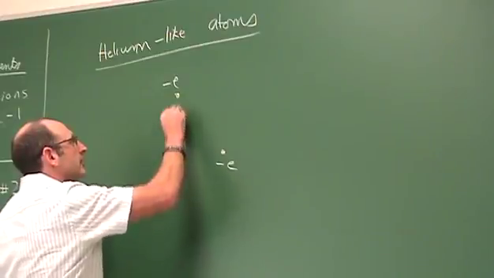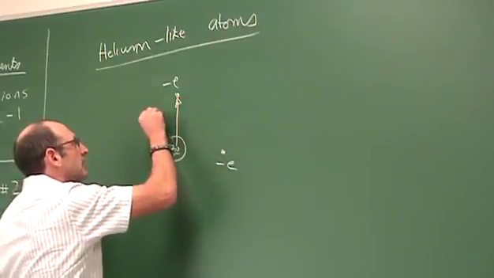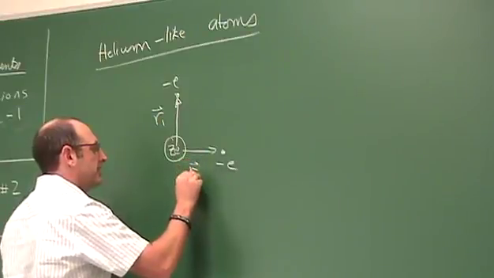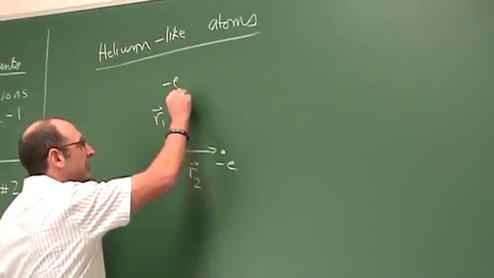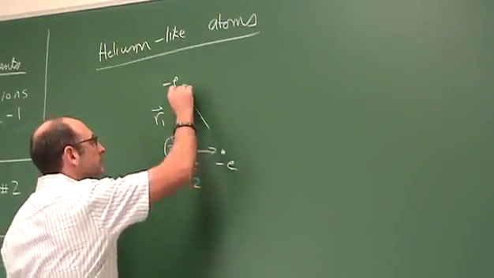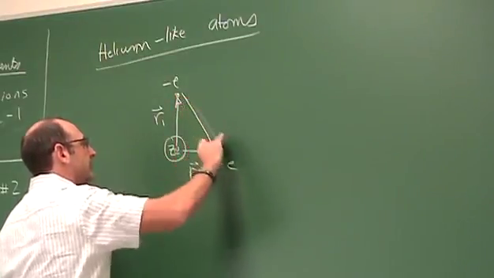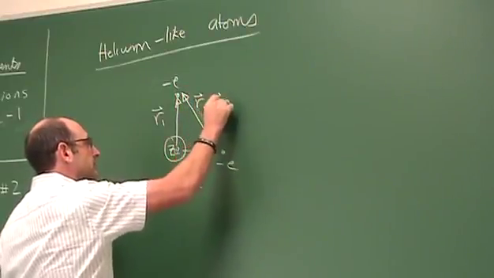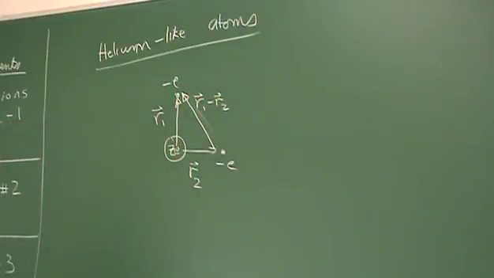So we have now the position of electron 1, the position of electron 2, and some vector between the 2 electrons.